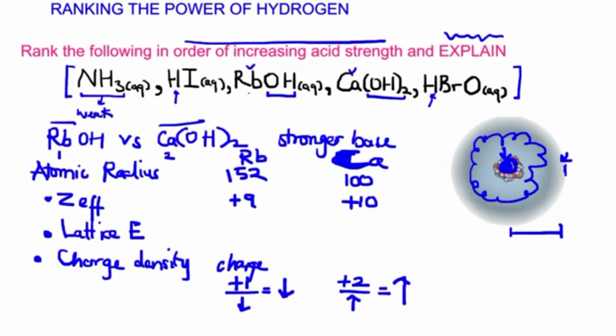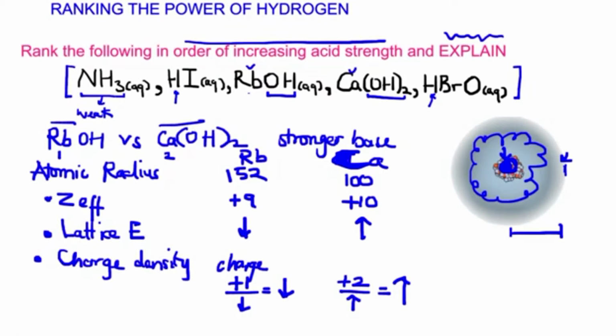So in this particular case, what happens to the lattice energy is that the energy released in rubidium hydroxide will be lower than that of calcium, because rubidium shows a smaller charge density, caused by the Z effective nuclear charge being smaller than that of calcium.